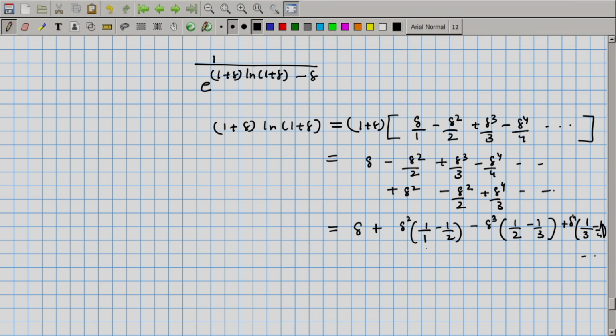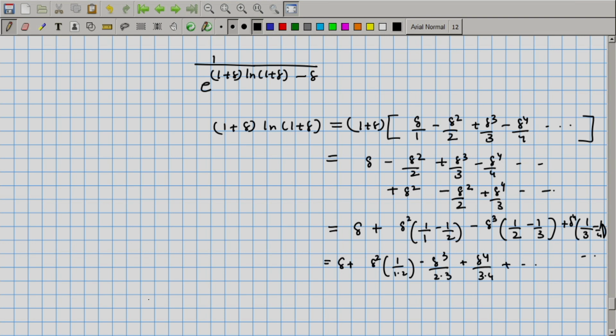Okay. Clearly, this is going to be equal to delta plus delta square by 1 into 2 minus delta cube by 2 into 3 plus delta raised to 4 by 3 into 4, and so on.